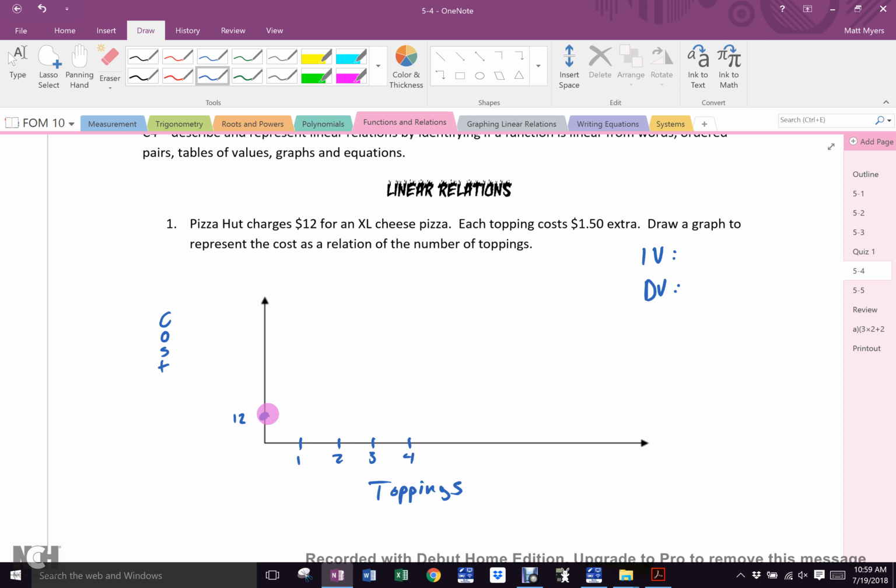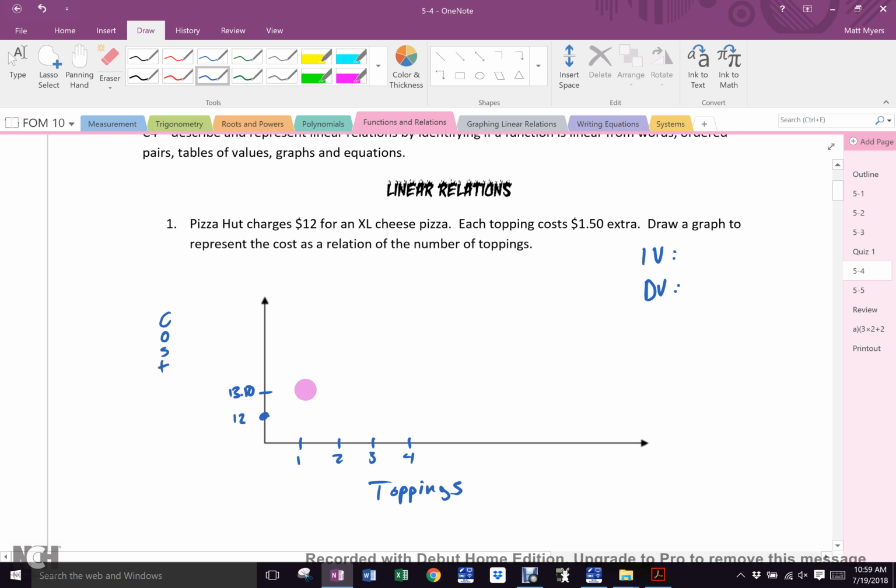It's bread. All right. So there's my first dot. Open or closed? Closed, because if I put no toppings on except cheese, it's going to be $12. That exists, right? Great. My next dot is at what? 1 and what value? $13.50.